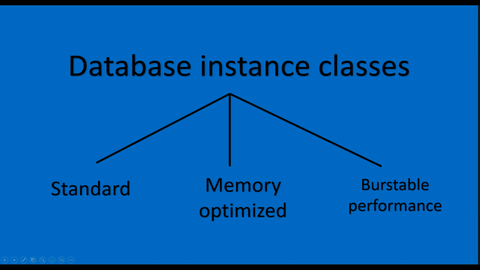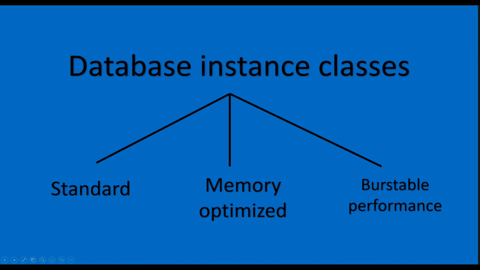Memory optimized. Memory optimized instance classes are for databases that have hefty performance requirements. Providing more memory to a database allows it to store more data in memory, which can result in faster query times.